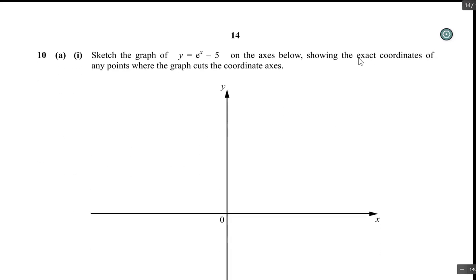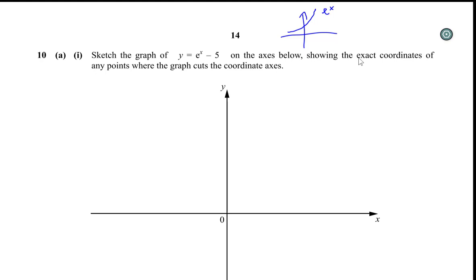Okay, so move on to number 10, A1. They ask you to sketch the graph for e^x minus 5. The e^x graph is quite simple, right? It just looks like this. This is the standard e^x graph. But because of minus 5, the graph is going to go down 5 units.